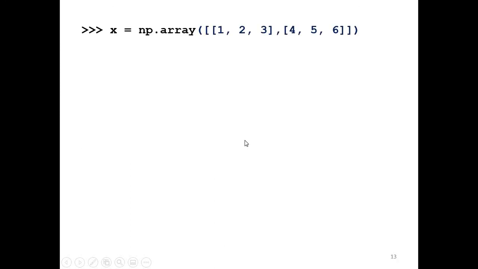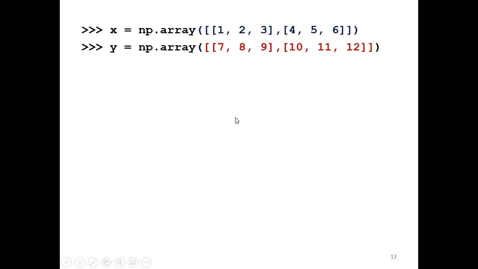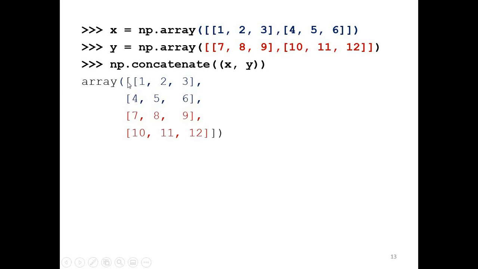Now if x is like this and y is like this, these x and y are two-dimensional arrays. If you try to concatenate x and y in the same way, of course the first array is this, and below that is the second array.